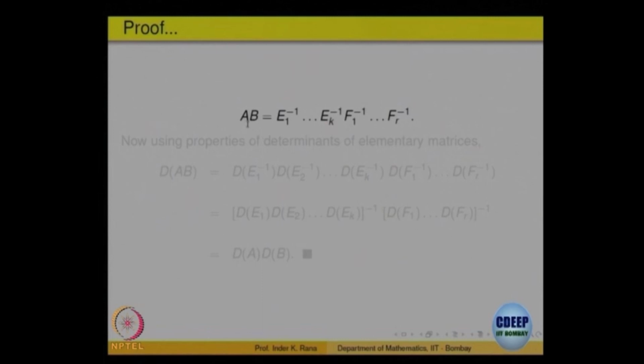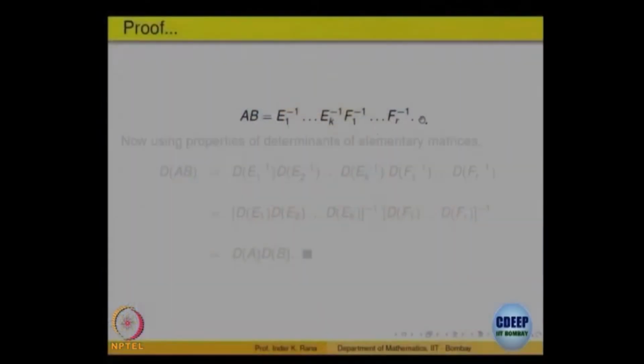Now let us compute the determinant of both sides. Determinant of AB will be equal to determinant of the right hand side, but the right hand side is a product of elementary matrices. Remember, we had remarked earlier, if E is elementary, its inverse is also an elementary matrix.